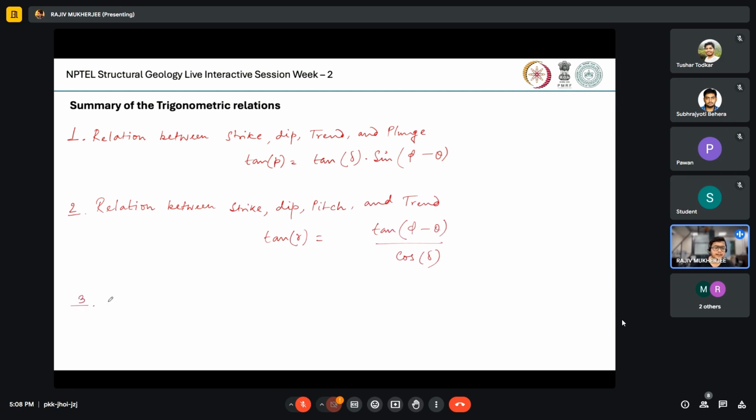And finally the relation between strike, pitch, plunge, and trend.